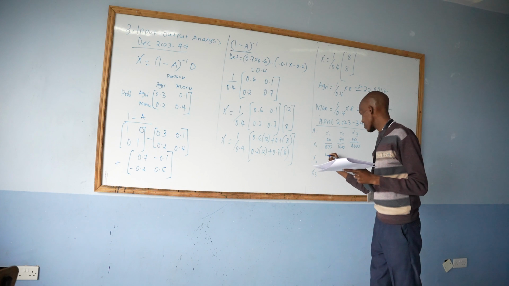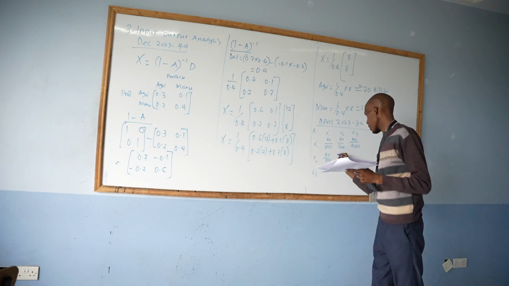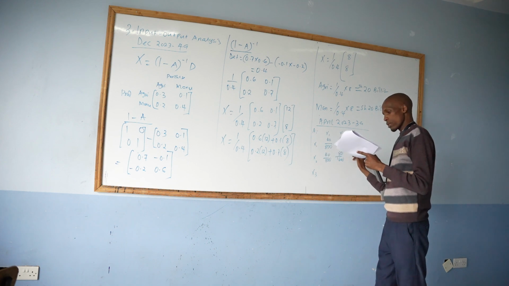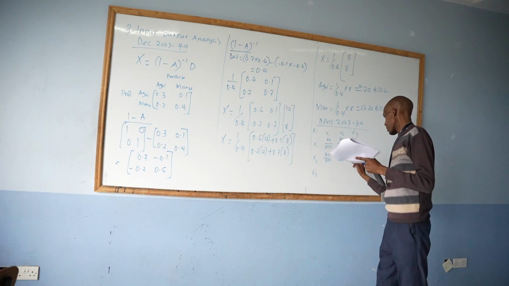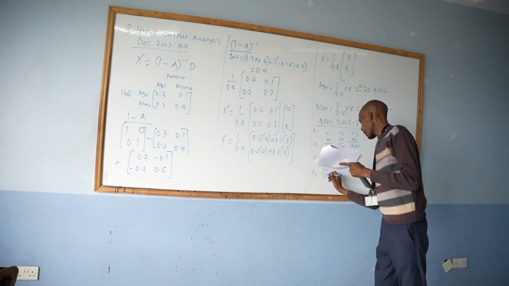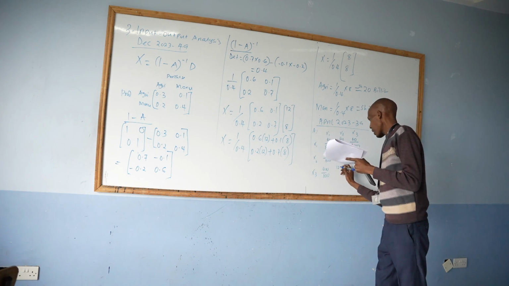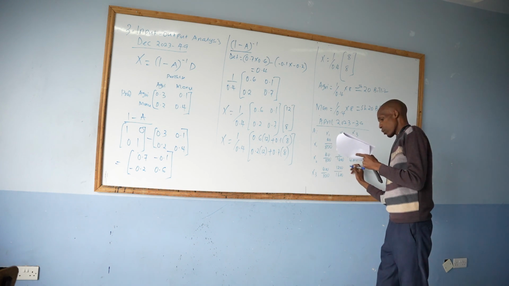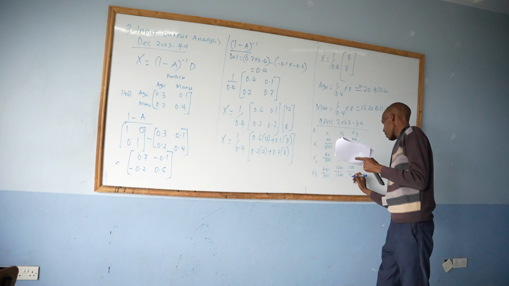Now this is for the first one. To get this one it is 40 over 800, the total of X1. The other one is 80 over 1600. This one will be 80 over 4000. So this one will be 400 divided by 800, then 1200 divided by 1600, and this one will be 280 divided by 4000.